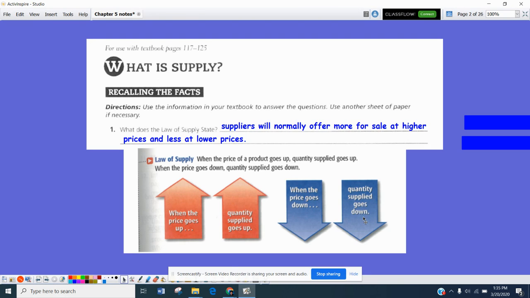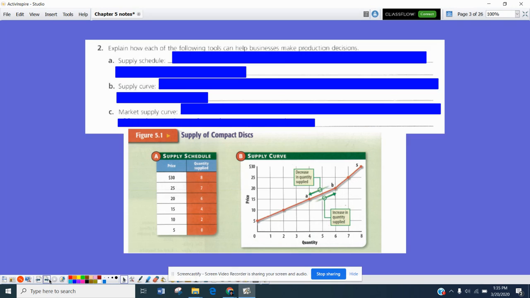When price goes up, I'm definitely going to want to sell more of whatever I've got. And if price goes down, I probably don't want to sell as much because I want to make a profit. Hence, I'm going to wait until maybe the market turns.